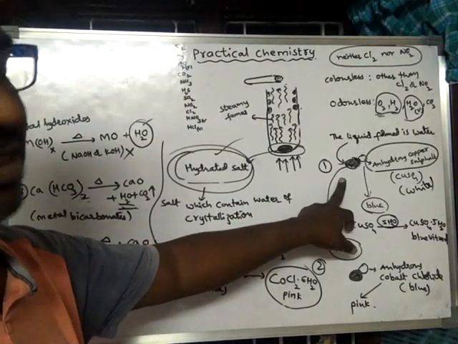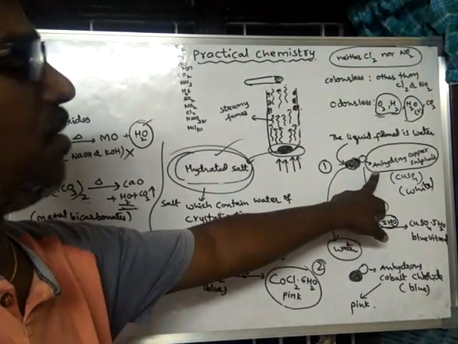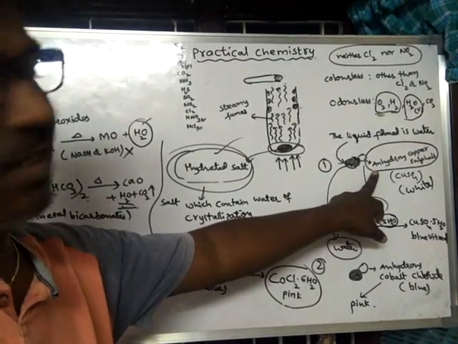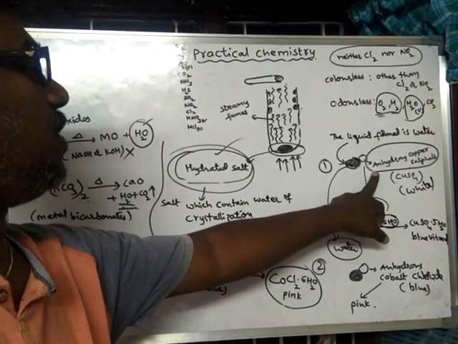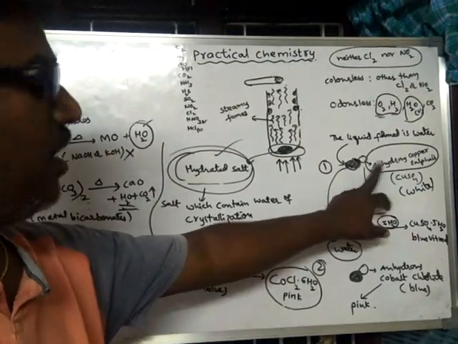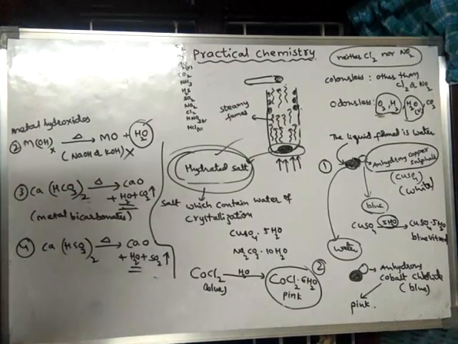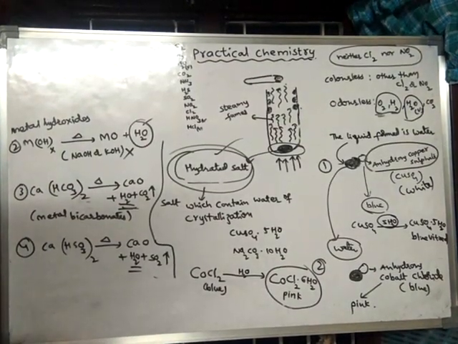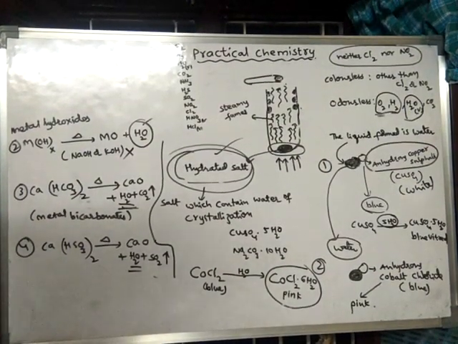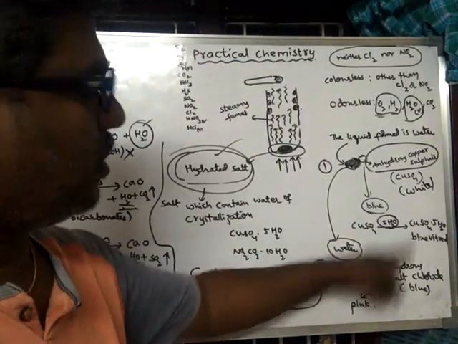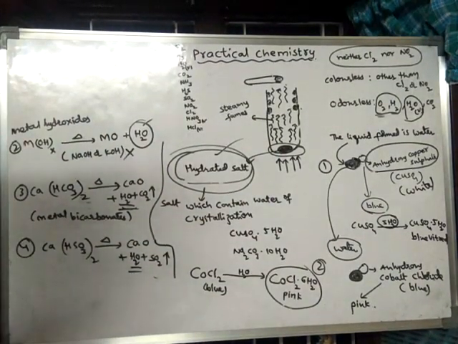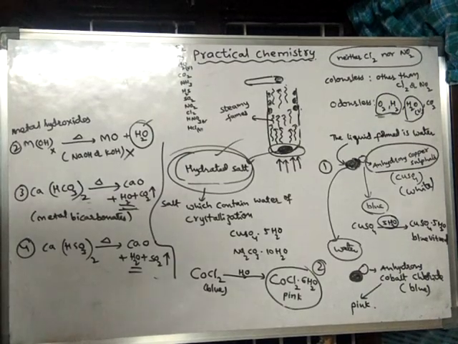One substance is anhydrous copper sulfate. We can use this substance to test water, and anhydrous cobalt chloride is another substance to test whether the given liquid is water or not. These two substances are generally used in practical chemistry to test for water.